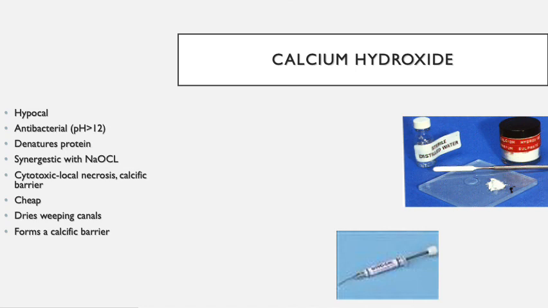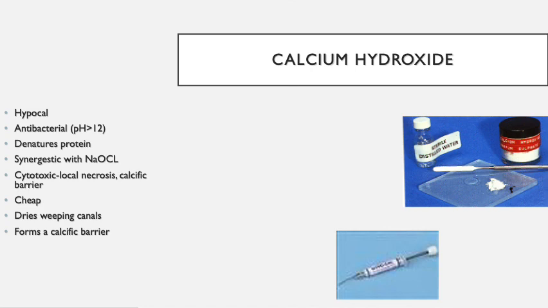Basically, it attacks the cell wall and cell membrane of the bacteria and dissociates them, which kills the bacteria. It denatures the protein due to its high alkaline pH, and it can be very synergistic with sodium hypochlorite. Again, as I said before, you can mix it with sodium hypochlorite and place it as a dressing inside the canal.